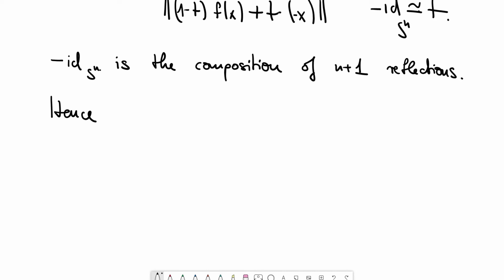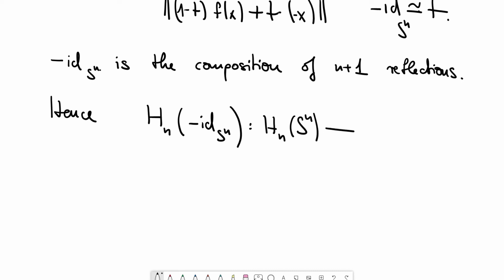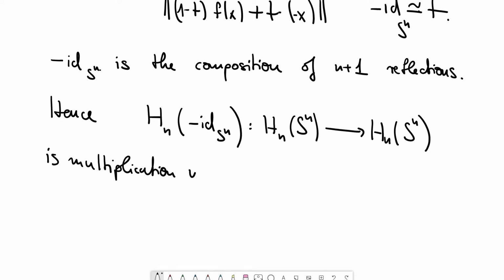So hence, Hn of minus the identity on Sn is a map from Hn Sn, which is just the integers, to Hn Sn. It's multiplication with minus 1 to the n plus 1.